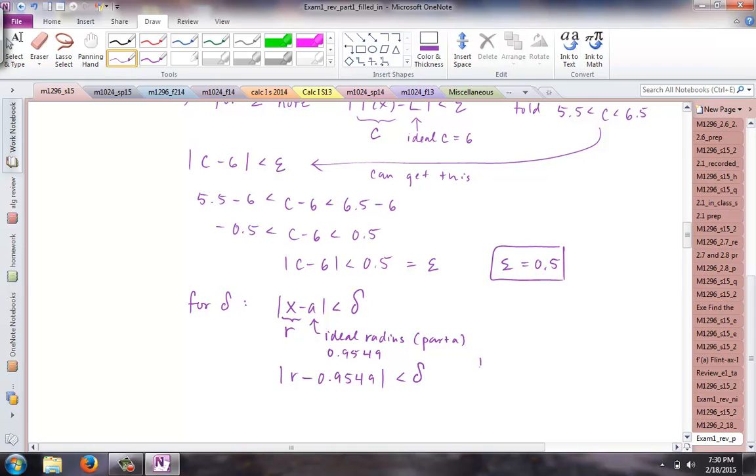What we also determined from part B was what the radius could vary between. So what we got was that the radius was between 0.8754 and 1.0345. That was just our, whoops, ran out of room. Let me just write it left to right: 0.8754, 1.0345.